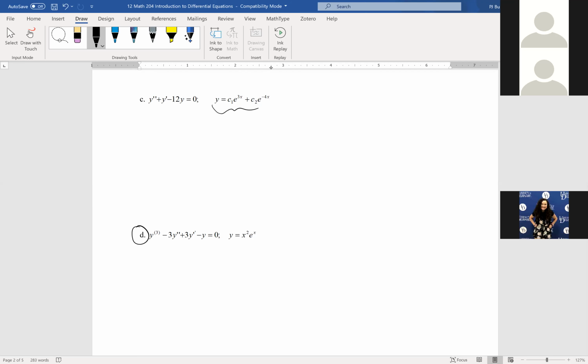General. That's a general solution. What about the differential equation? What order is this differential equation? Second. Right, second order, because the second derivative is the highest derivative.